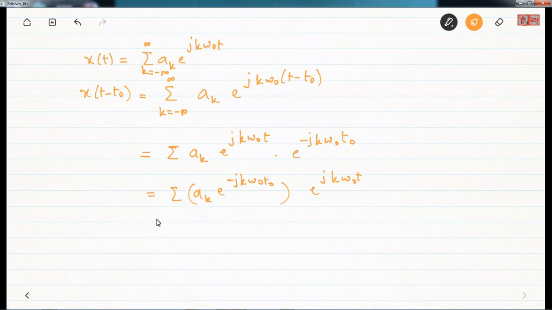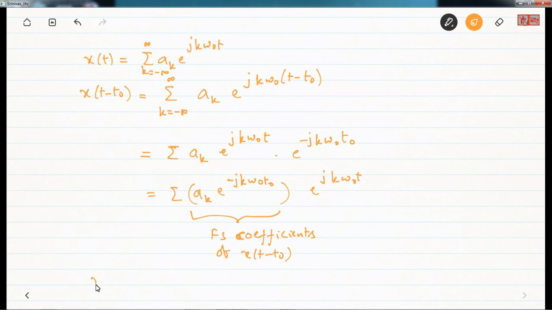So my Fourier series coefficients are simply these. These are the Fourier series coefficients of x of t minus t naught, because these coefficients multiplied by e power j k omega naught t is my Fourier series expansion of x of t minus t naught.